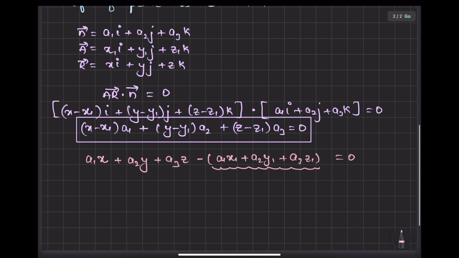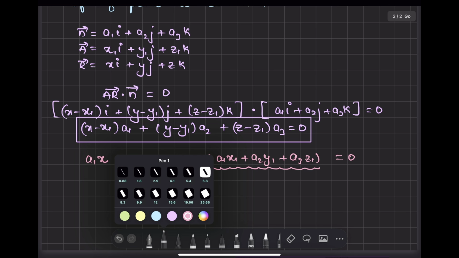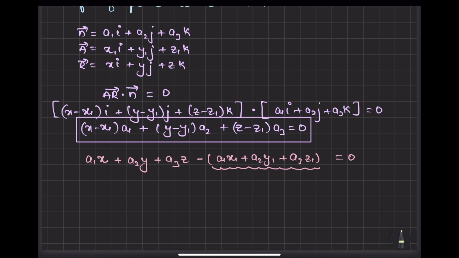Okay, and this number will be, look at this, I'll take a random example. Suppose that we have a fixed point.